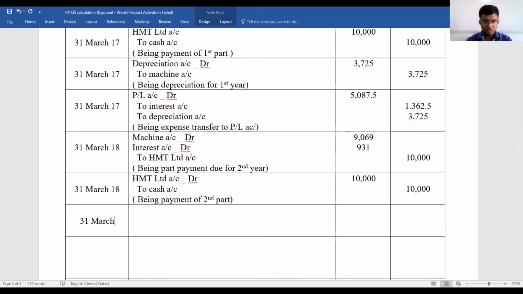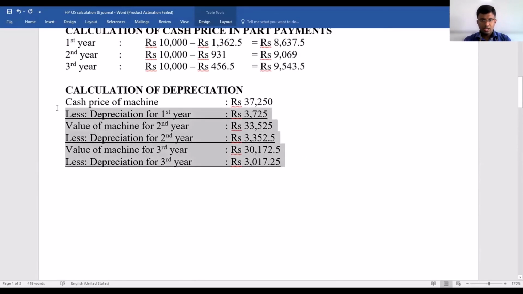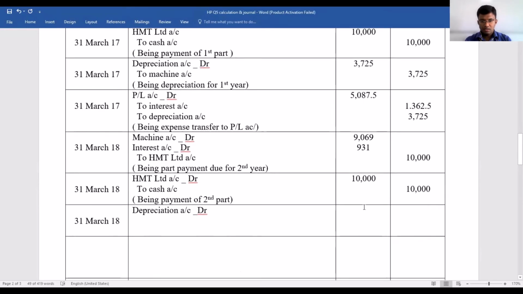Then 31st March 2018, you will have to charge the depreciation. So depreciation account debited, and these are the depreciation amounts that we have calculated. If you notice the depreciation for second year, this will be 3,352.5.